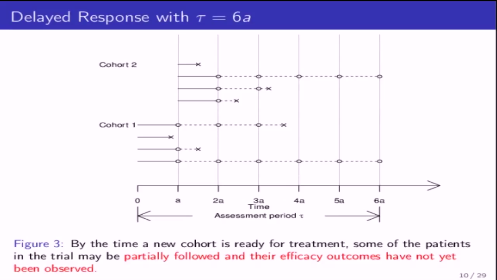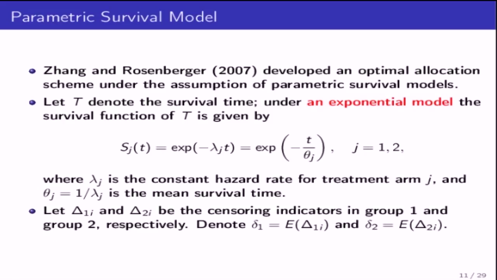That is called a delayed response, or sometimes people call it a late onset outcome problem. It is like missing data or censored data. For this kind of censoring data, people have done extensive work on time to event data analysis, so you can consider a survival model. Let's suppose T follows the exponential model, which has a survival function given by S(t).